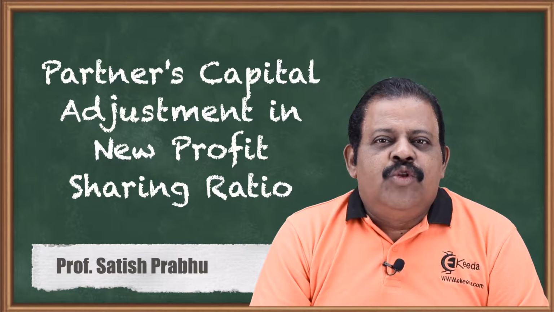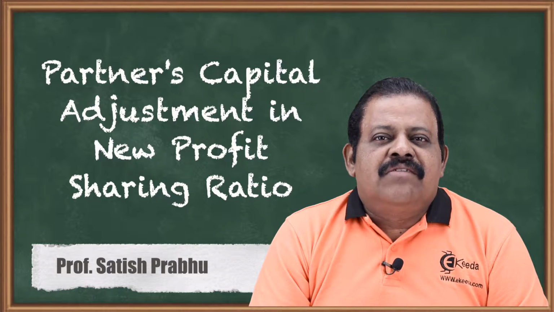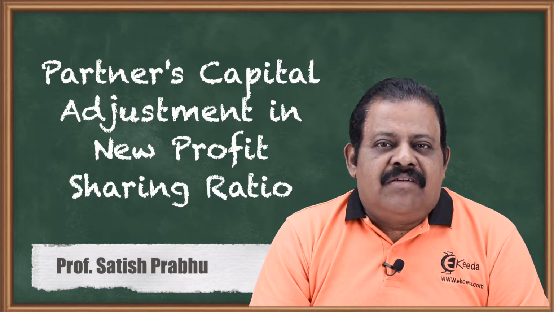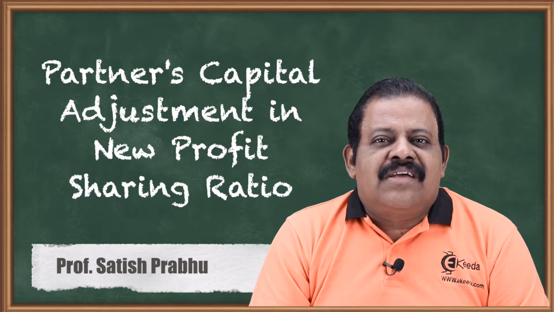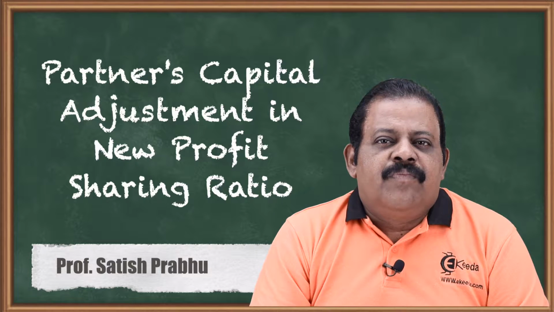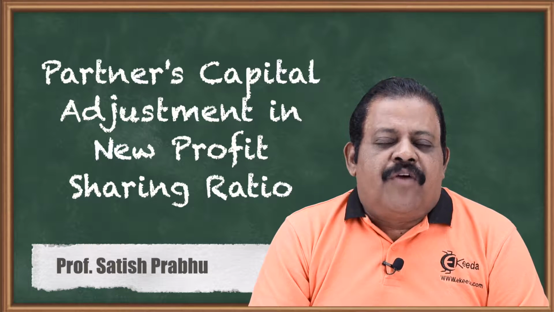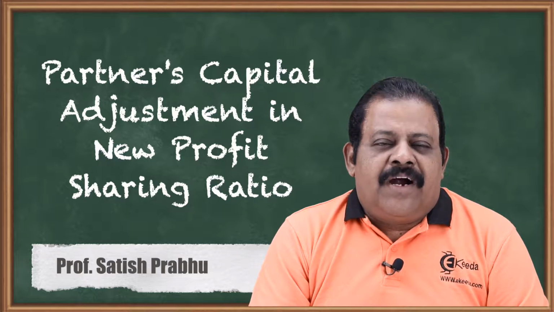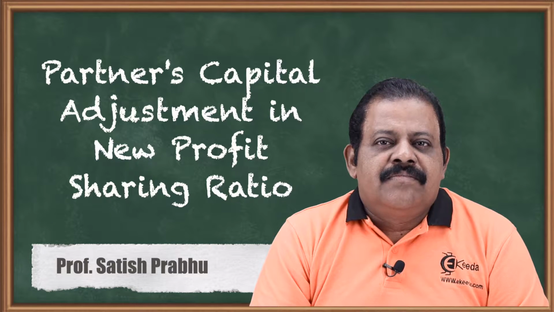Based on this new profit sharing ratio, particularly based on the capital brought by the new partner, all partners' capitals are adjusted so that the capital of the new firm will be shared in the new profit sharing ratio by all partners including the new partner. How accounting effects are to be given, that we'll understand in this question.